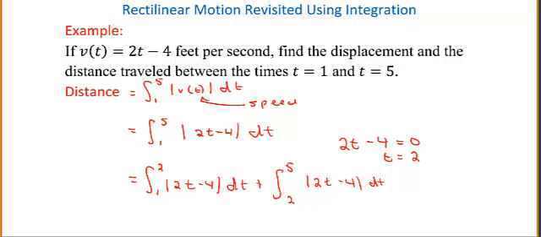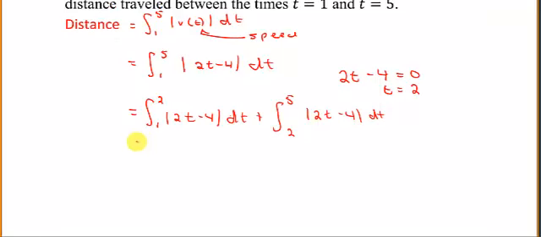Now on this interval between 1 and 2, 2t minus 4 is going to be a negative number. So we'll have to integrate the absolute value of that. It's going to be negative 1 times 2t minus 4 dt, plus, on the integral from 2 to 5, 2t is going to be bigger than 4, so this will be positive.